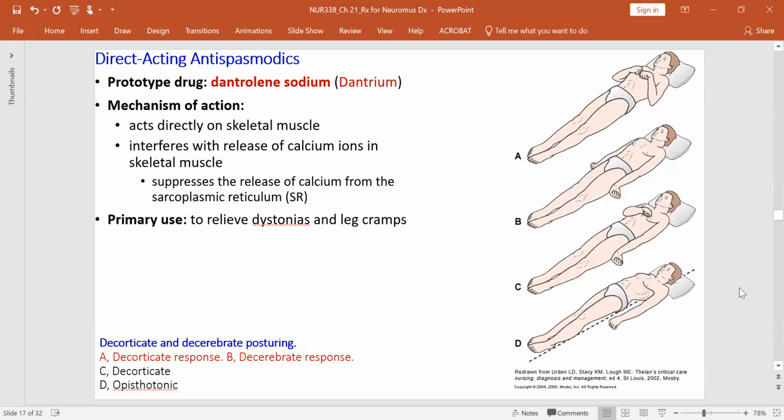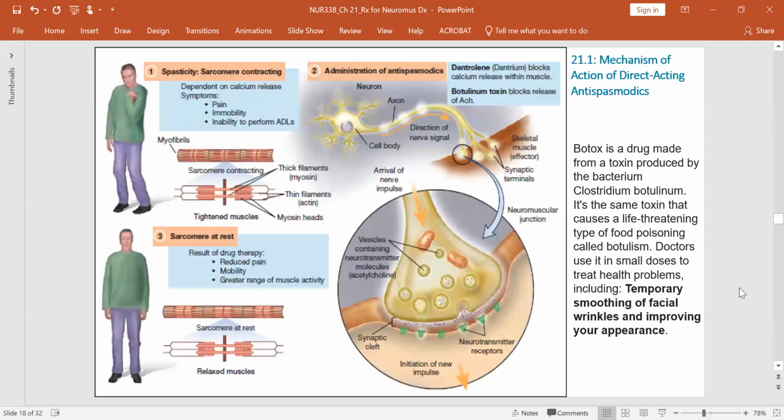It affects the muscle tone of the arms, legs, trunk, neck, eyelid, face, even vocal cords. There are different forms of dystonia, but that's dystonia. And that's the mechanism of action of direct acting antispasmodics, the pathophysiology.